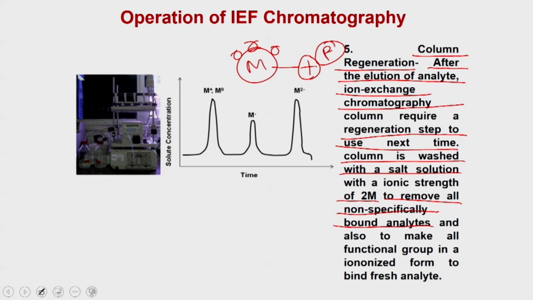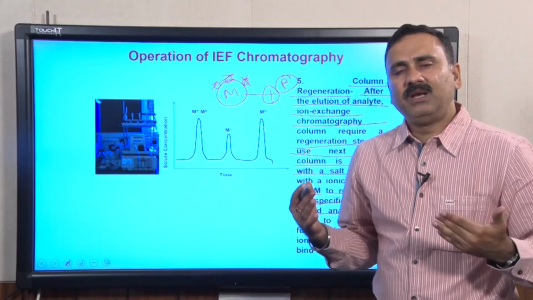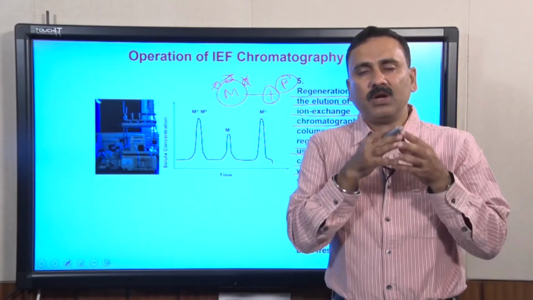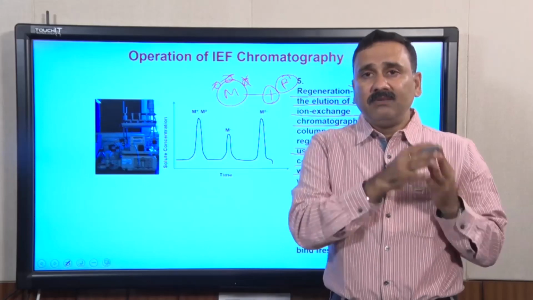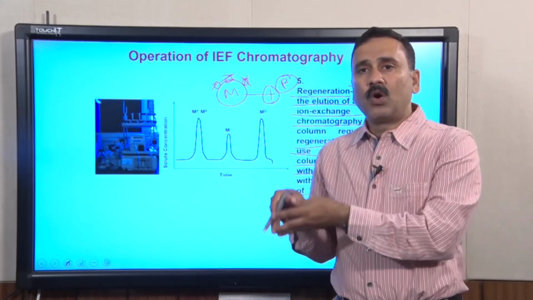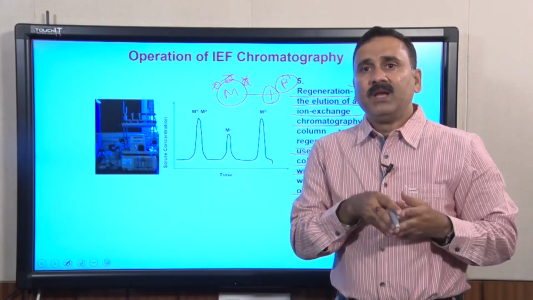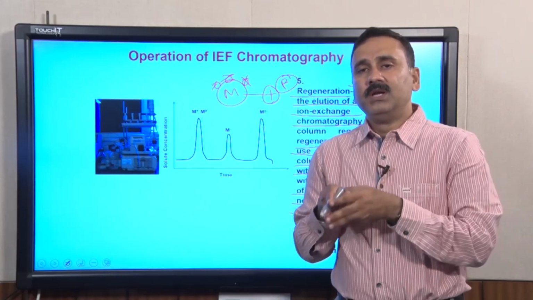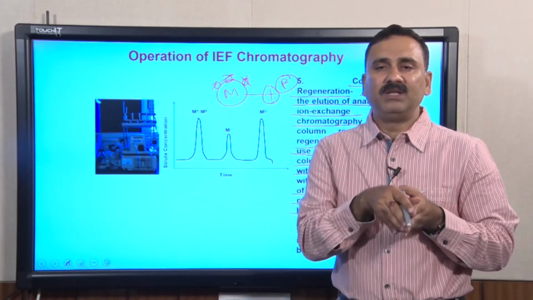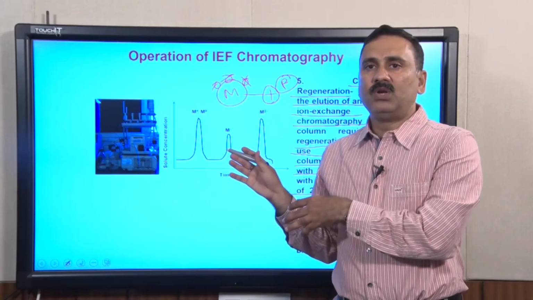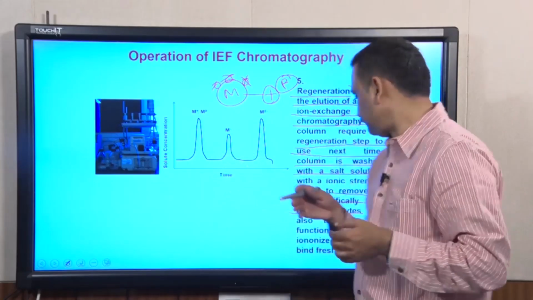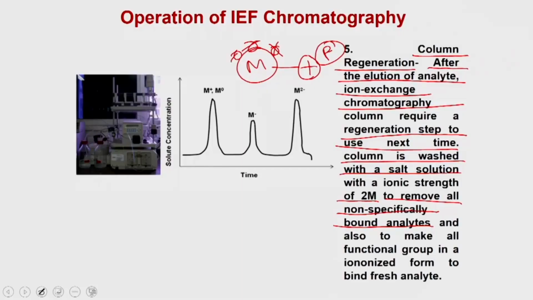If you wash it with 2 molar NaCl, you are going to remove all these non-specifically bound proteins, because if you do not, they are going to reduce the flow rate, eventually clog the column, or reduce the surface area of the beads available for the protein of your interest to bind.